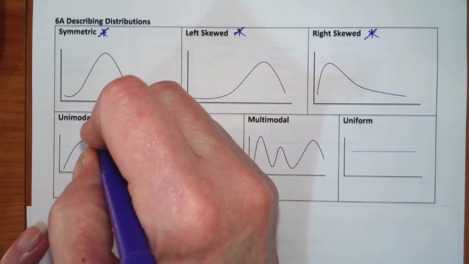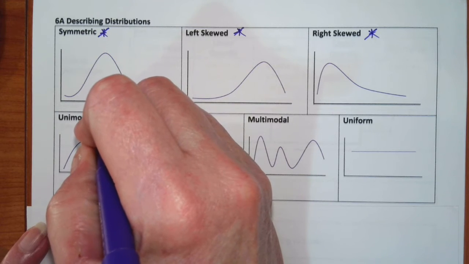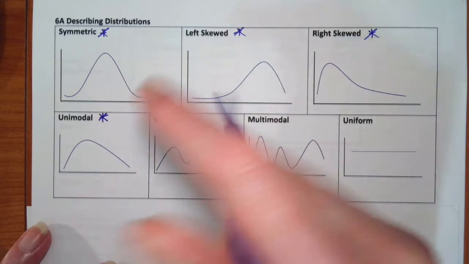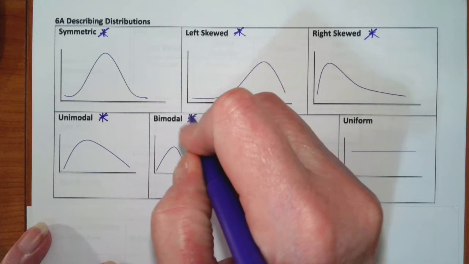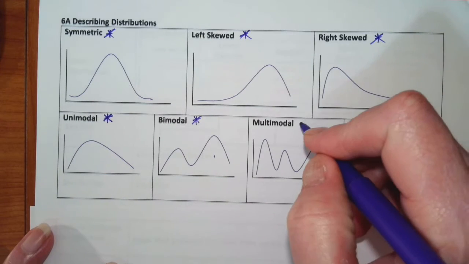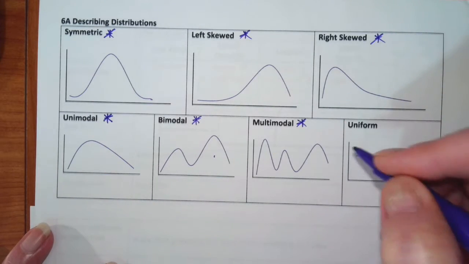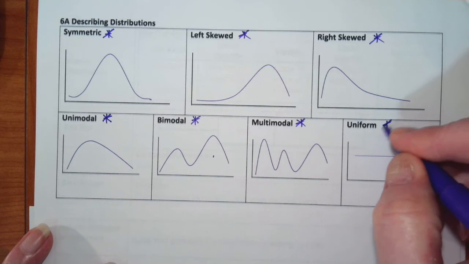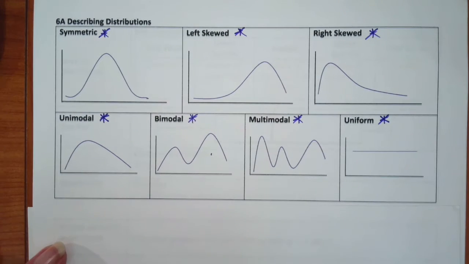We will also need to be able to use the terms unimodal, which means one hump, bimodal, which means two humps, multimodal, which means more than one, or uniform, where there is no hump. And we did an example where we looked at the heights of families.